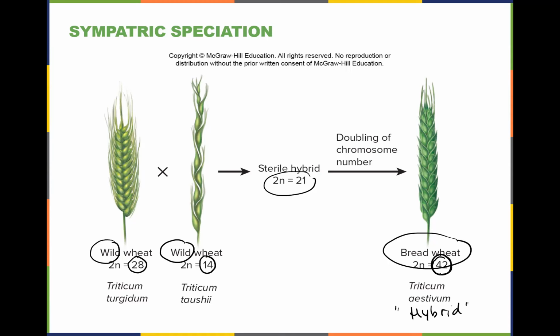It's called bread wheat, which carries 42 chromosomes. And this bread wheat is able to reproduce. Okay, this has become a new species coming from two different wild types. So this is the alloploidy.